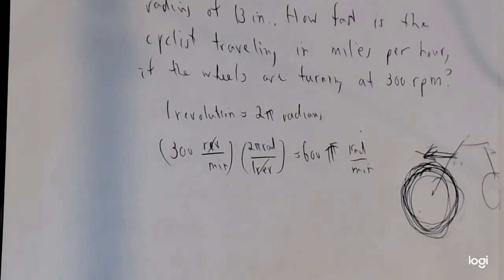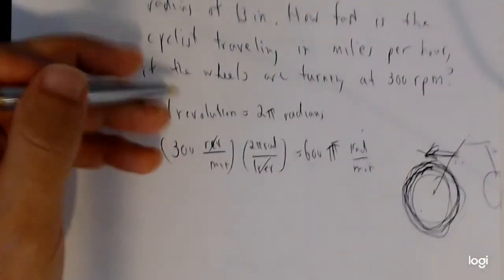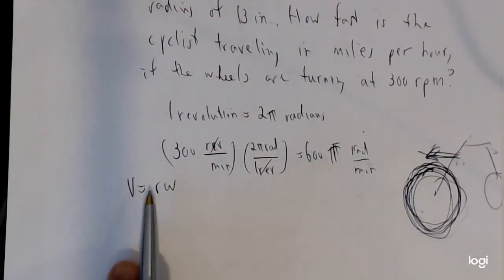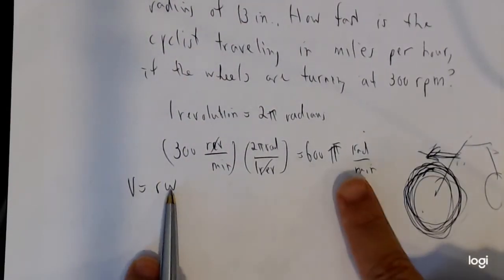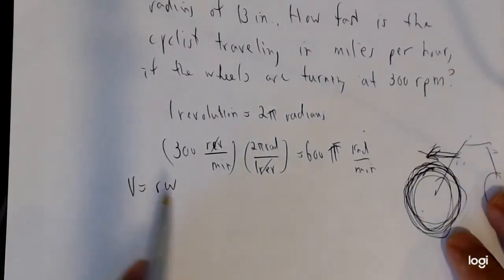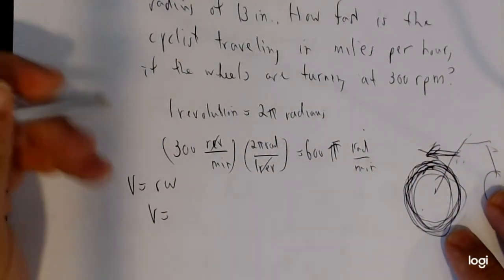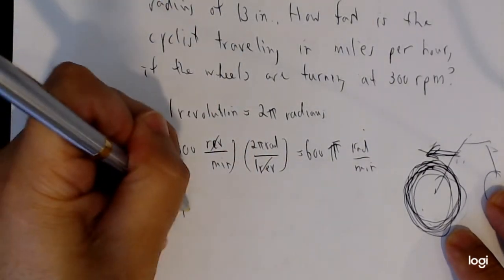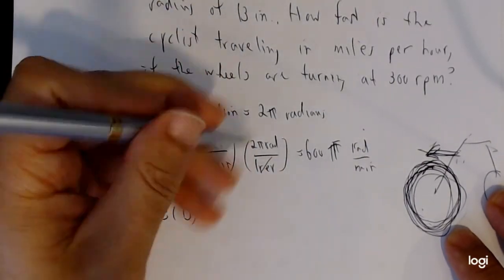That we know how to do, because we earlier found out that V equals R omega, where V is my linear speed and omega is the angular speed, and we have the angular speed in radians per minute. So my linear speed now becomes the radius, which is what? 13 inches of the tire, right? It's 13 inches.